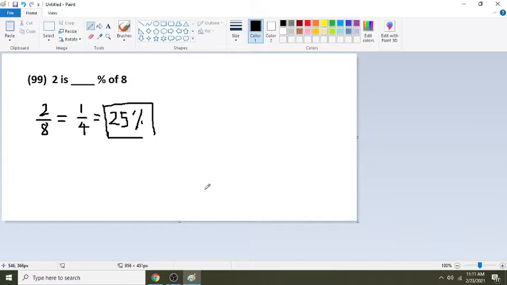So let's do another solution. The detailed one would be 2 over 8. Our problem is how to reduce it. That's the first part.